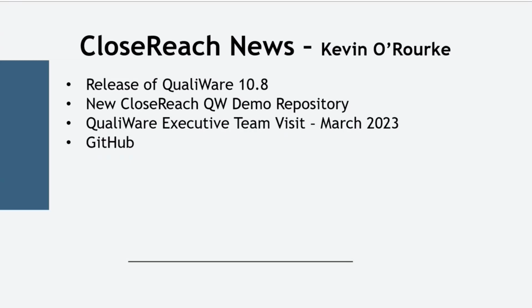This was mentioned in our last QualiWare user group meeting. We've set up an environment on GitHub called CloseReach-CA. Right now, we're still doing some of the configuration around that, but there are 3 repositories set up that will be running in that. If people know what GitHub is, it's a code management tool, and we intend to put any code that we develop up in that.